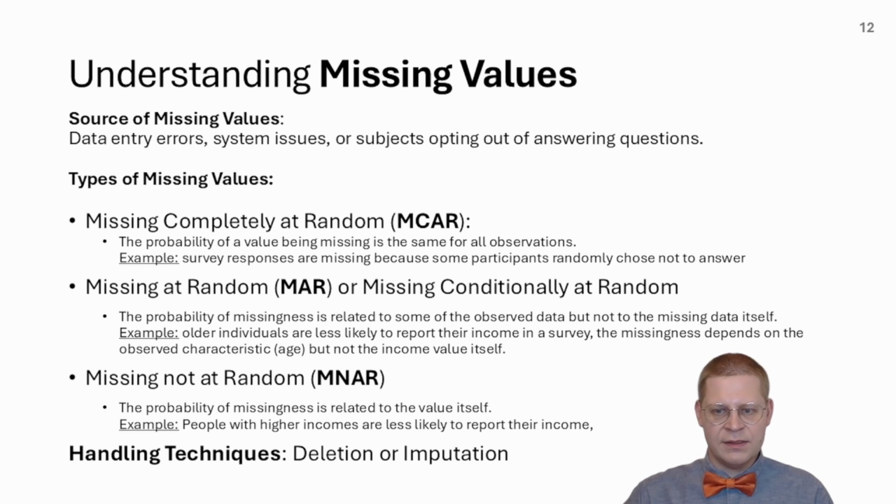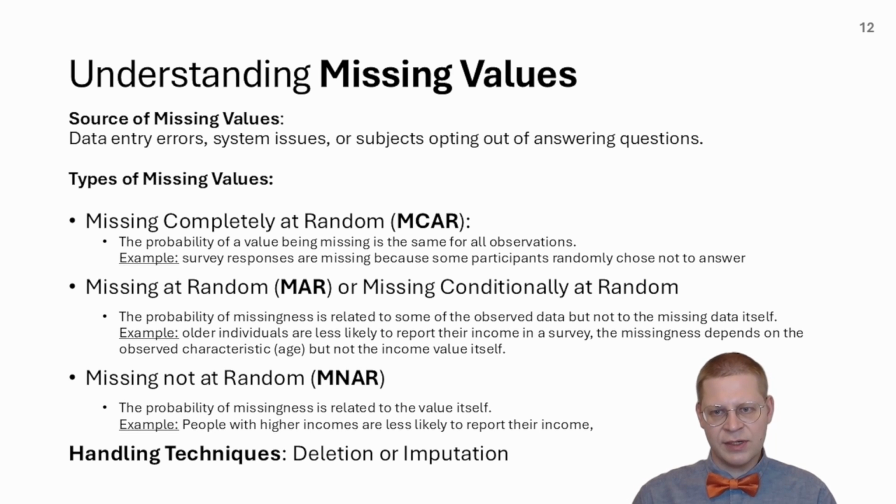Understanding why data is missing helps us choose the appropriate handling method. For instance, MCAR, completely at random, can be deleted without bias, but MAR and MNAR require more careful imputation or deletion.